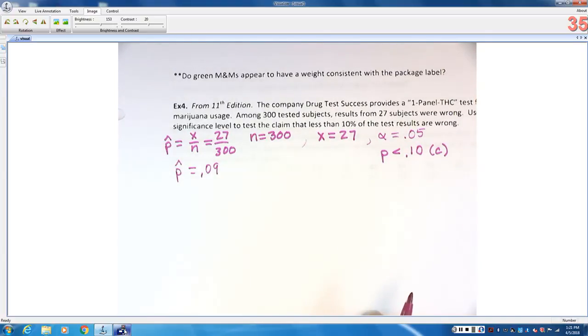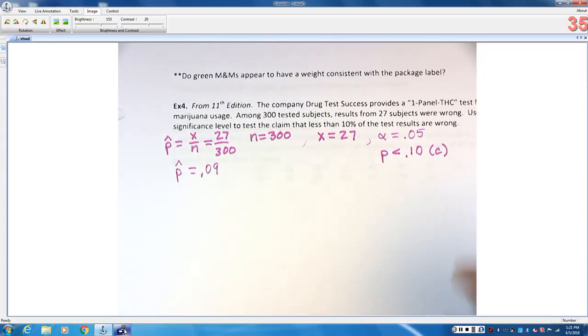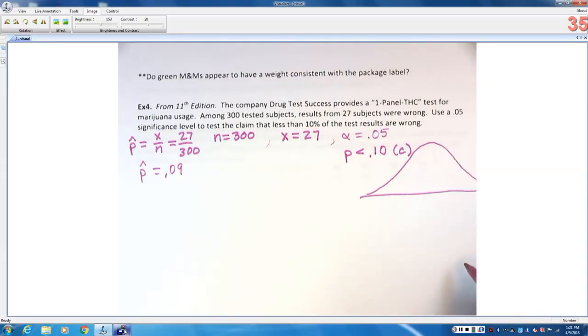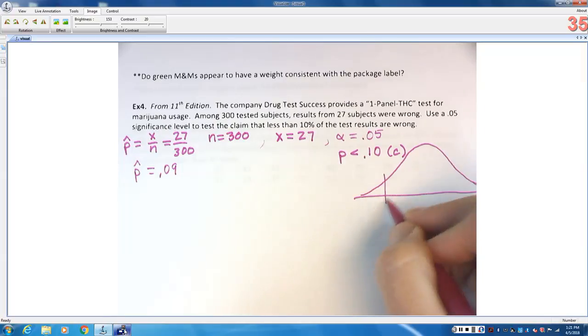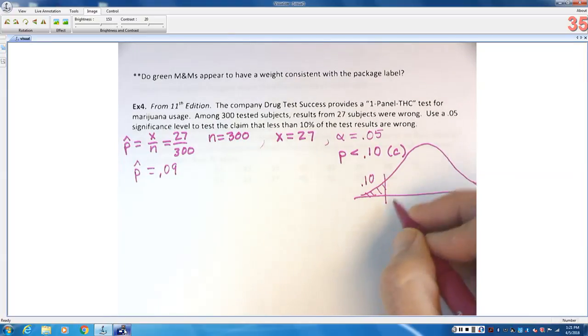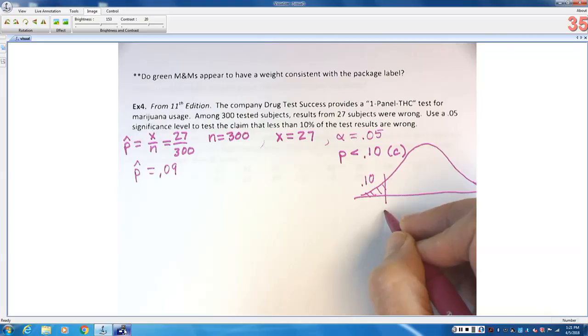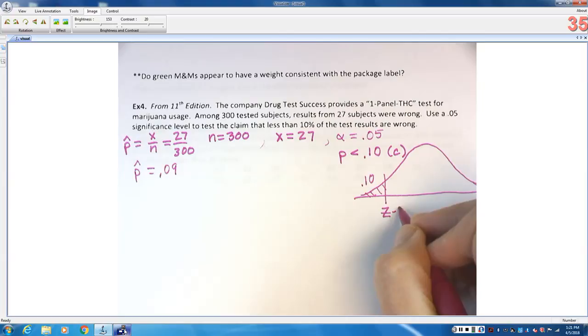So the answer is no, don't just compare your p-hat to your p. The calculator command is using this normal curve in the background. Since our claim is less than, we're gonna have a 10% here. Proportions are always normal, so this will be our z-test statistic.